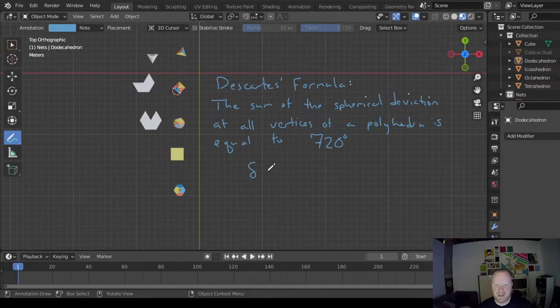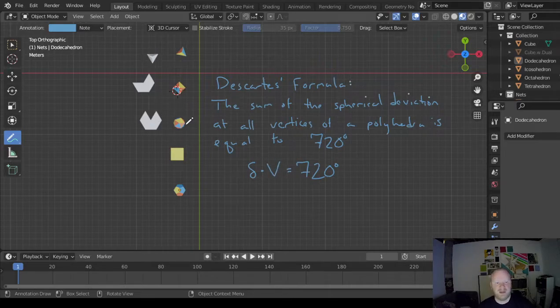So we can say that delta times however many vertices there are, that's going to be the sum of the spherical deviation at all the vertices, and we can say that's equal to 720 degrees. So really nice. You can see if we can figure out the spherical deviation, we can figure out the number of vertices very easily.